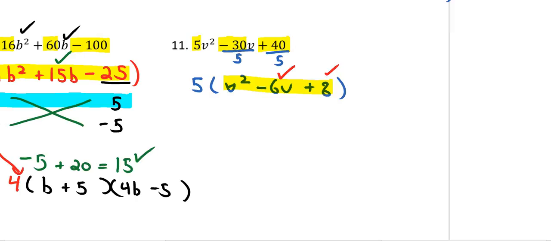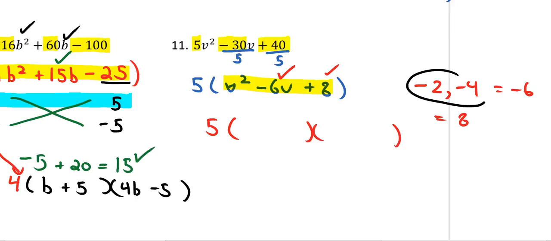So I can have negative 2 and negative 4, because that would give me the positive 8, and that would combine to give me negative 6, so that works. This is similar to the very first few factoring questions, and we just copy these numbers into my bracket, b minus 2 and b minus 4.